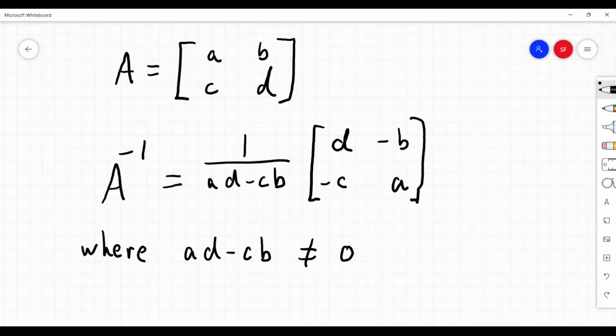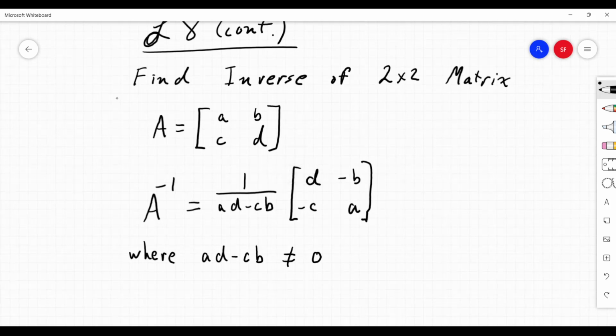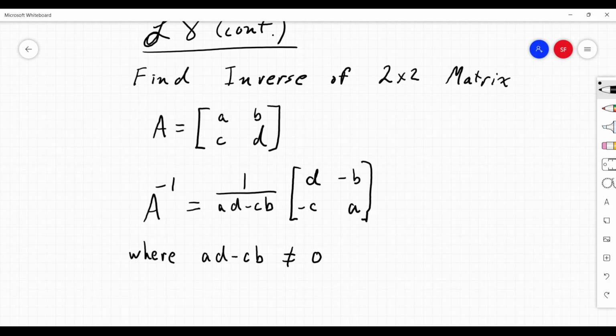If it is 0, it doesn't have an inverse. This right here would be the inverse of a 2x2 matrix.